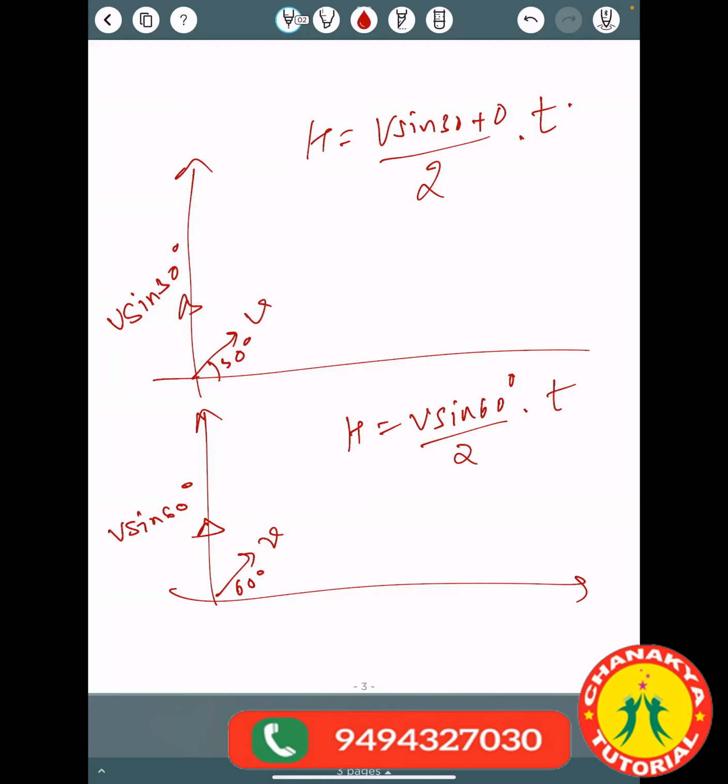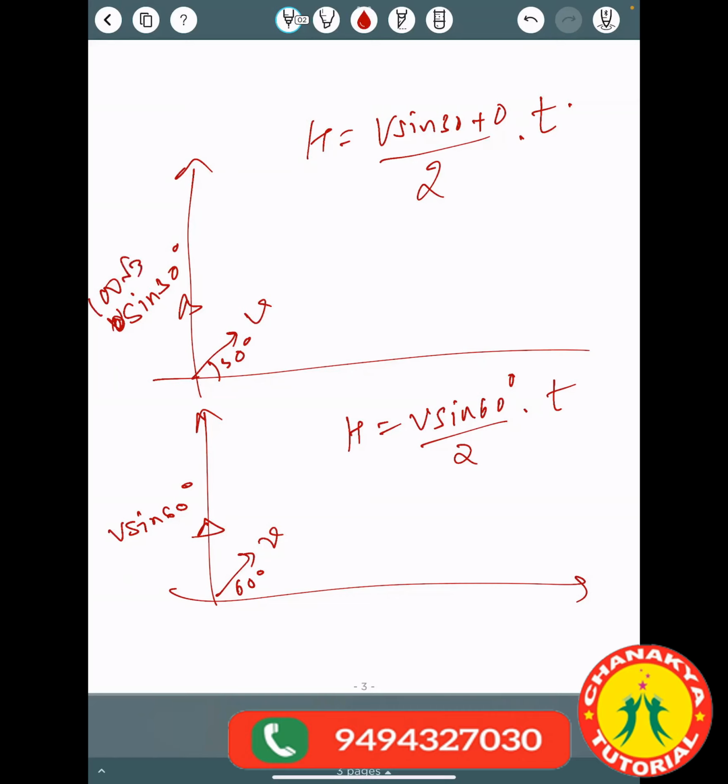But is it necessary that both of them take the same time? No, sir. So what you do, since the v is same in both cases, you take some value. Let's say we'll take 100, or if you want to do some proper cancellations, you take 100 root 3. Any value you can take, no issue at all.